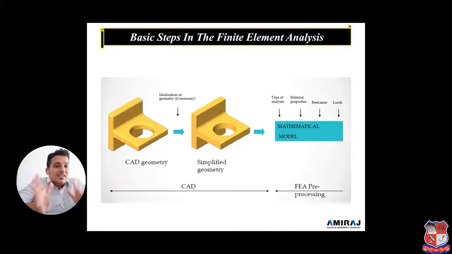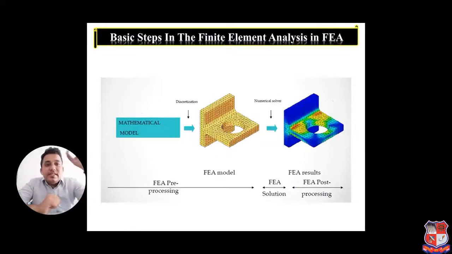The main task of FEA is to process the type of analysis, material property, constraints and loads. In the end, we have to find the mathematical model. This mathematical model creates the mathematical algorithm, and after that we compute the solution, and in the end we find the solution as per the application, as you saw in the last diagram.